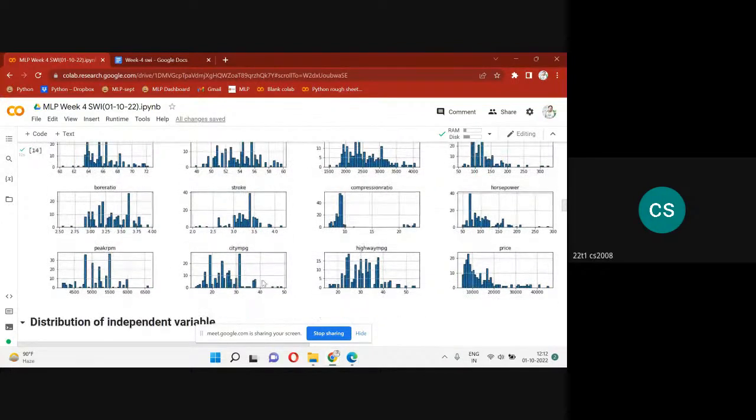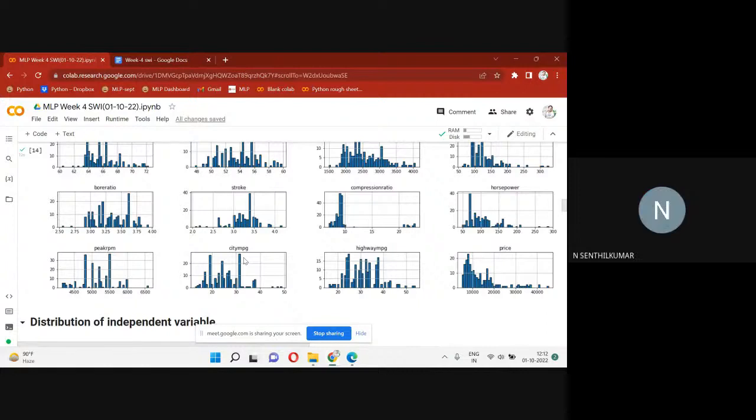Also see here, this is the city MPG and this is the highway MPG. City MPG represents the mileage of your car in the city, and highway MPG represents the mileage of your car on the highway. From this graph, can you make some comment? Which one should be greater? There is high correlation, in the range of 20 to 30.